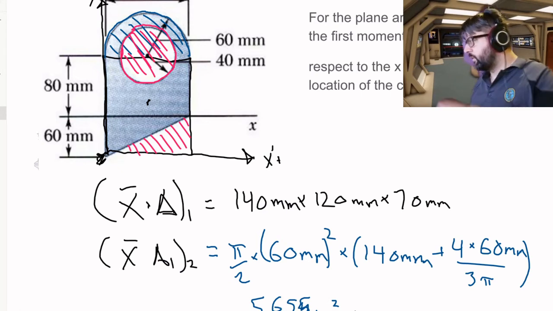And this term here, 140 plus 4 times 60 divided by 3 pi, totals 165.5 millimeters.